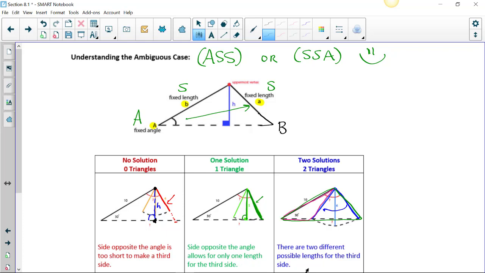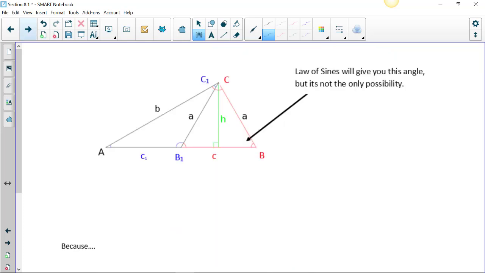When you use the law of sines, what you get for the sine of angle B will tell you whether you have no triangle, one triangle, or two triangles. When you set up your equation for the law of sines, you're going to be coming up with an equation that will calculate angle B. Angle B will be an acute angle, meaning between 0 and 90, because that's what your calculator is programmed to give you.